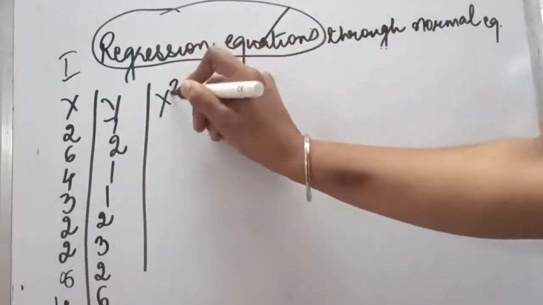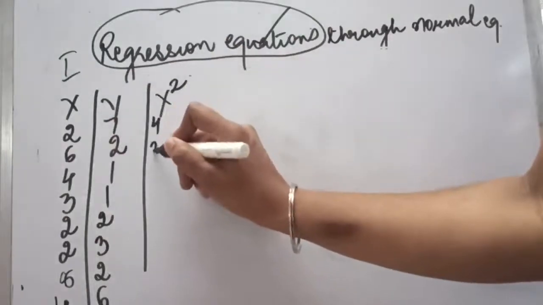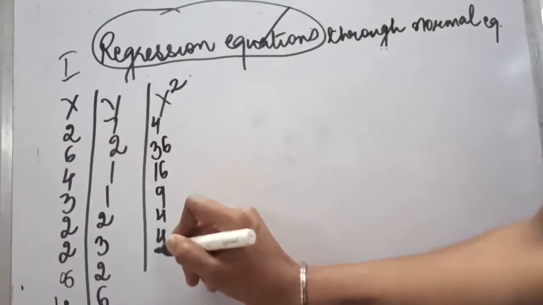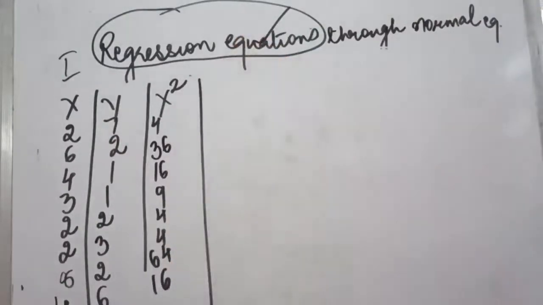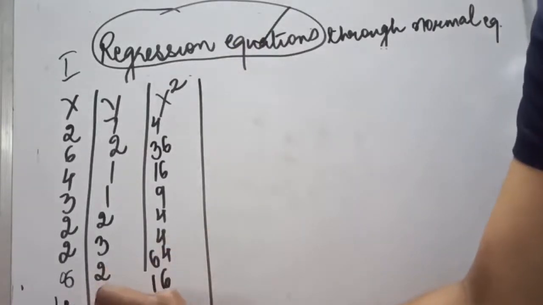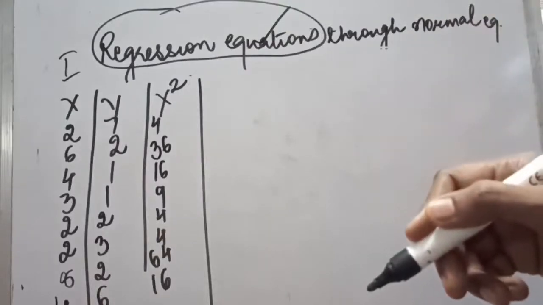First of all, we will go for x square. So just square these values. 4, 36, 16, 9, 4, 4, 64 and 16. So first we will calculate from here sigma x. Sigma x will be 31.